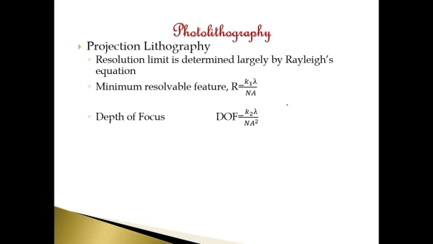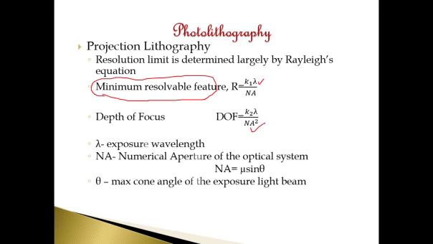In projection lithography, the resolution, which means the minimum feature size that could be printed onto the surface of the substrate, will depend upon the wavelength as well as the numerical aperture of the system. Lambda is the wavelength that is used and NA is the numerical aperture of the optical system. That will depend upon the cone angle of the light beam, that means the angle between the extreme rays in the light beam.